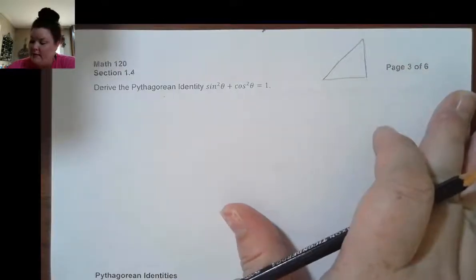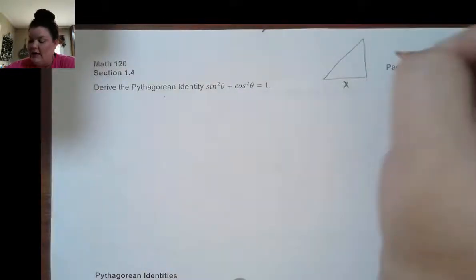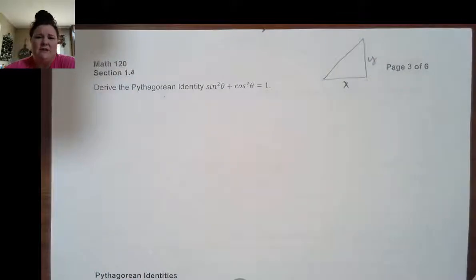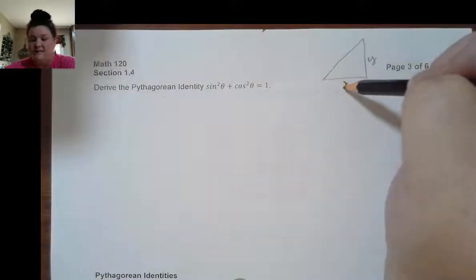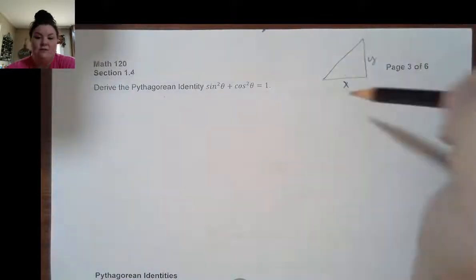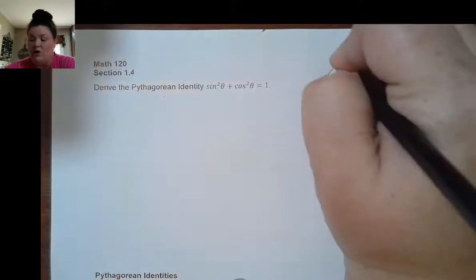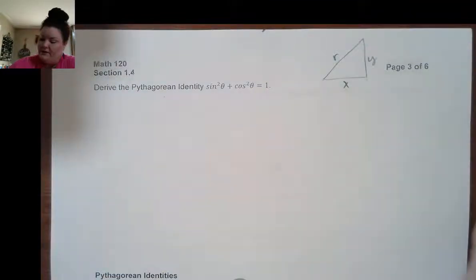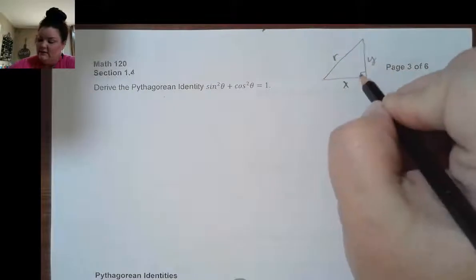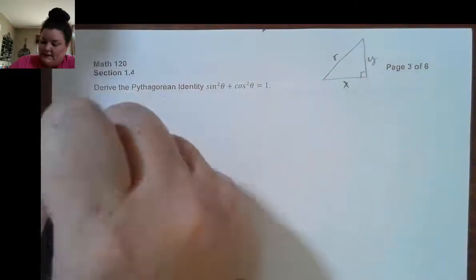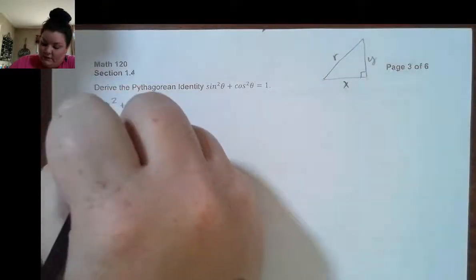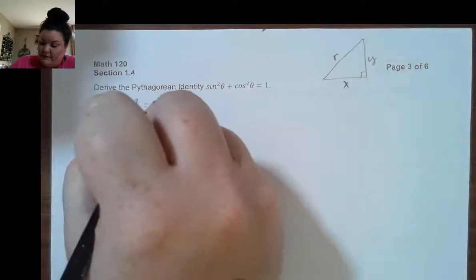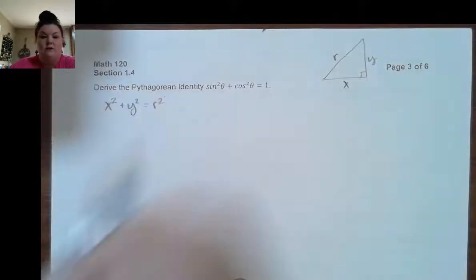Remember we had an x and we had a y. And actually, whenever you learned the Pythagorean theorem, you probably had an A, B, and a C, right? But here when we're dealing with angles, we call this side our r, right? So the Pythagorean identity, or theorem, says that x squared plus y squared equals r squared, right?